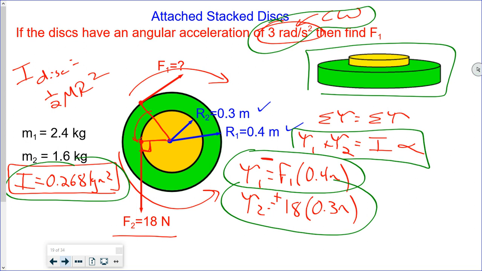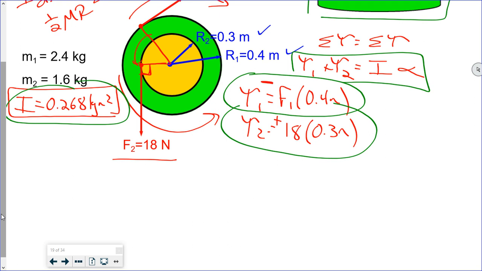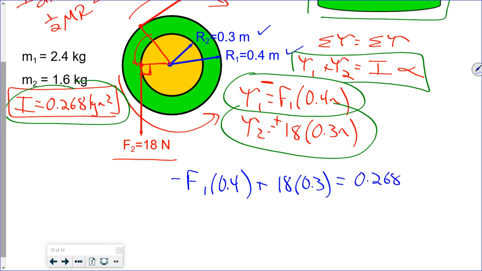So torque 1 is negative F1 times 0.4 plus torque 2, which is 18 times 0.3, equals I, 0.268, times alpha, which we decided was negative 3. I apologize for tacking that sign on there at the end.